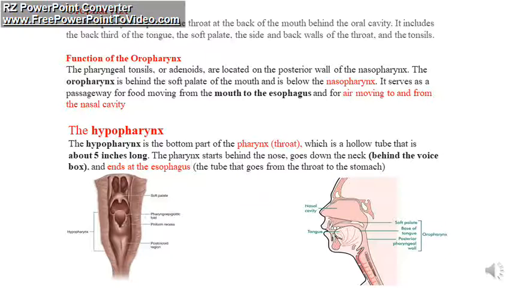It includes the back third of the tongue. You see, this is the third part of the tongue here, which is supplied by the ninth cranial nerve. You see the posterior pharyngeal wall here, and this is what is called the oropharynx. The oropharynx structures are the soft palate, base of the tongue, and posterior pharyngeal wall. Memorize that these are the parts of the oropharynx: the soft palate, base of the tongue, and posterior pharyngeal wall.